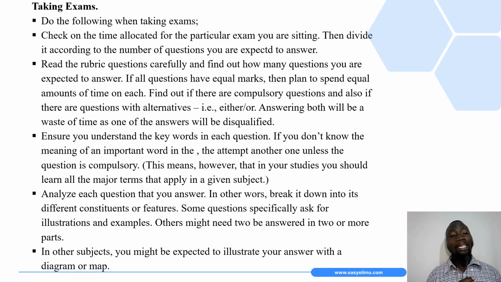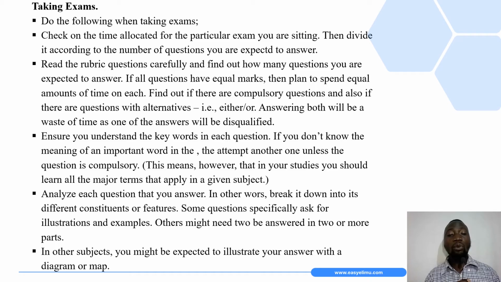The next thing, read the rubric questions carefully and find out how many questions you are expected to answer. If all questions have equal marks, then plan to spend equal amounts of time on each. Find out if there are compulsory questions and also if there are questions with alternatives.